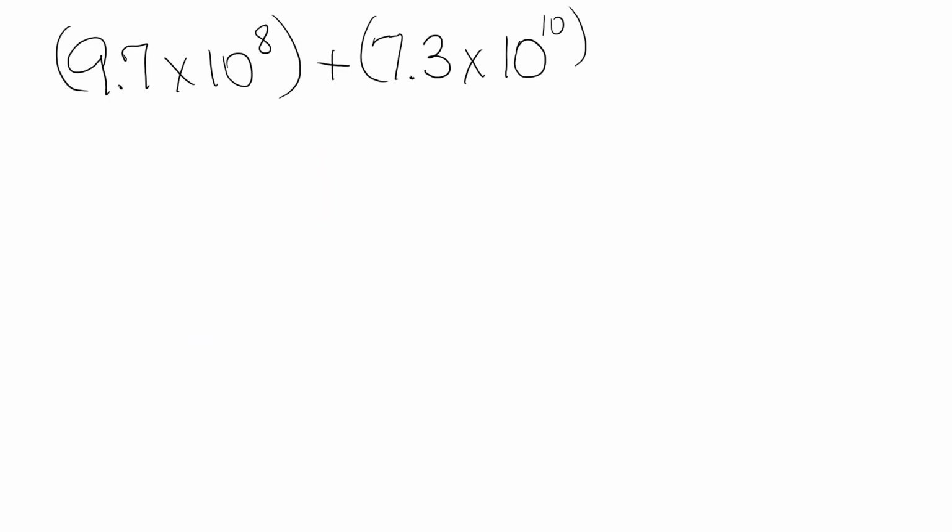Here's our next example. It is an addition problem. The only time you need to have the same exponents when you're dealing with scientific notation is for addition and subtraction. You do not do this process if you are multiplying and dividing in scientific notation. So remember, we want to move up to the largest exponent. We've got an exponent of 10 and an exponent of 8.